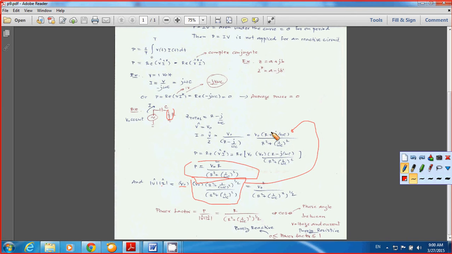That's why you cancel this one out. So this one still has the power of 1 over 2, or square root of R squared plus (1 over omega C) squared. That's why I have the term looking like this, and you multiply them together, you end up with V0 squared, and this one still cancels out the 1 over 2, so you have 1 over 2 left here, right?